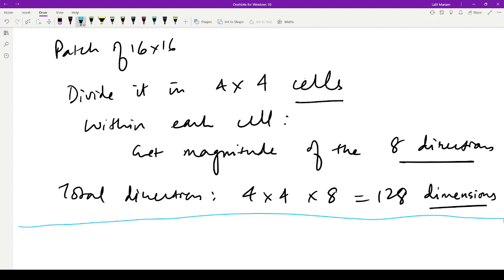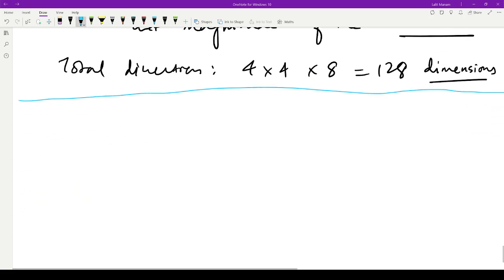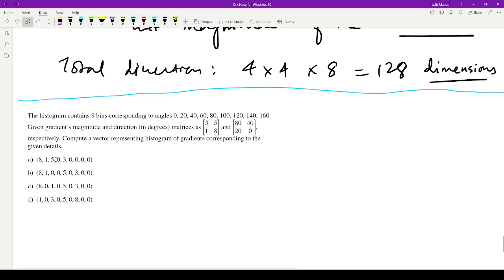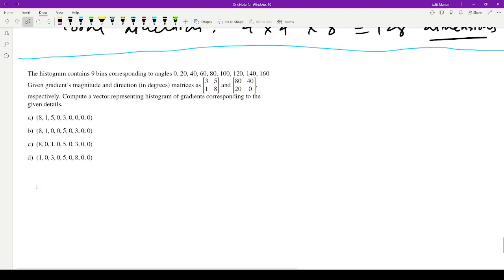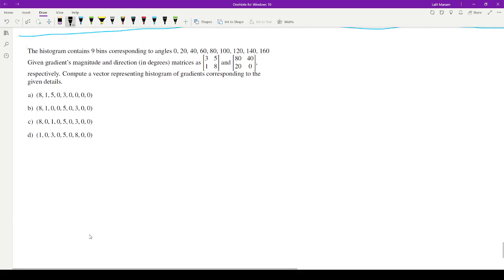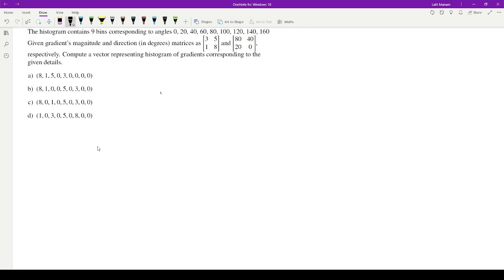Since I told you that our next question will be based on the histogram, let's do it. The histogram contains 9 bins corresponding to the angles 0, 20, 40, 60, 80, 100 up to 160.